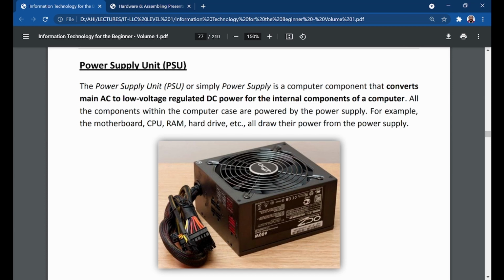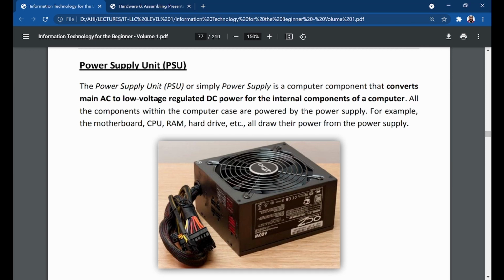All the components within the computer case are powered by the power supply. For example, the motherboard, CPU, RAM, hard drive, etc.